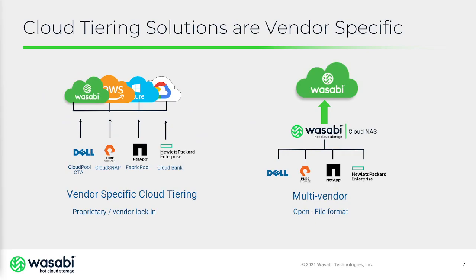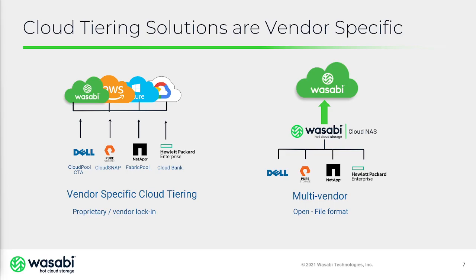So Cloud NAS is great as a tiering solution. A lot of vendors out there do have their own vendor-specific cloud tiering products within their solutions, like CloudPools or CloudSnap, FabricPools, CloudBank. But they are locked into those vendors, so you couldn't use CloudBank from HPE with, you know, a Dell storage array.